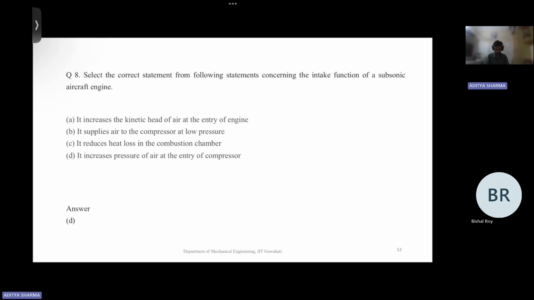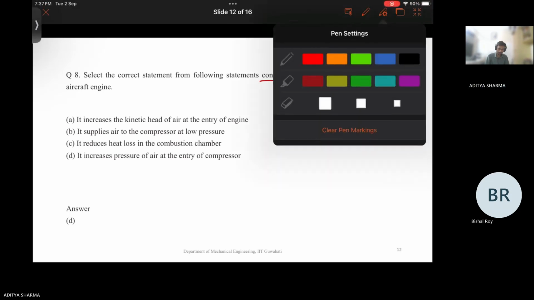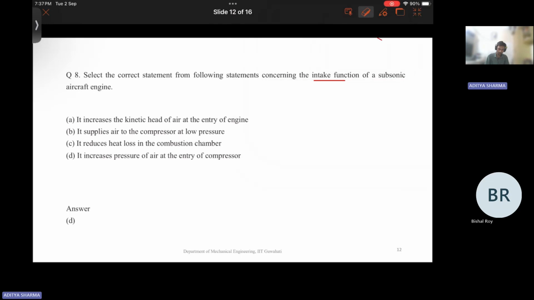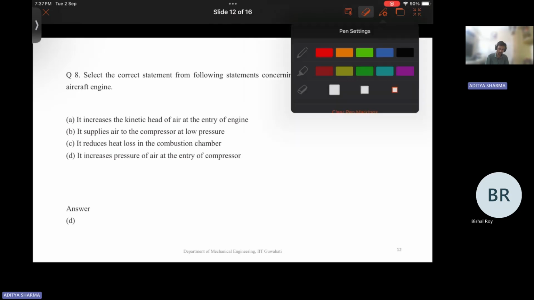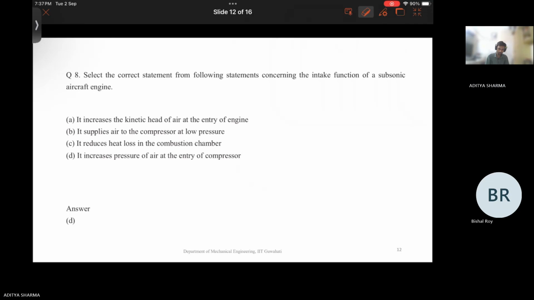Anyways, question number 8: select the correct statement from the following statements concerning the intake function of a subsonic aircraft engine.